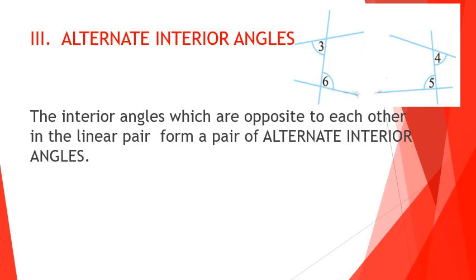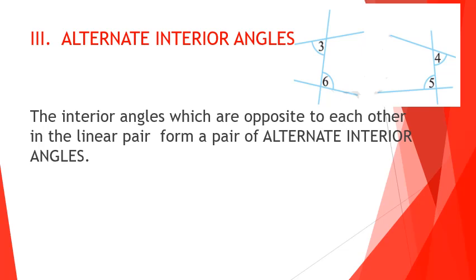Angle 3 and angle 4 are adjacent angles, so they are not alternate interior angles. Alternate interior angles means the interior angles which lie in the alternate position of the transversal on the opposite side. That is, it will make an S shape that way.